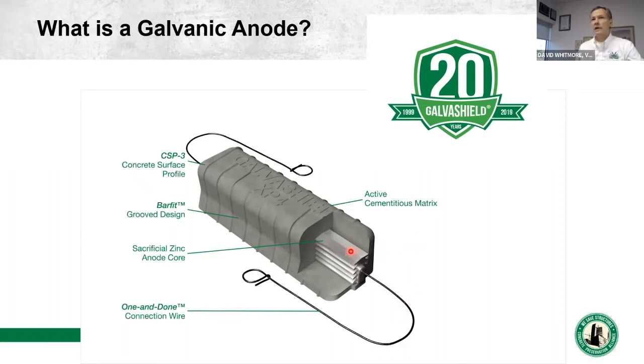And in all the cases that I'm familiar with, you're going to have some type of cementitious or some type of active matrix that surrounds the zinc core. The purpose of that is to keep the zinc core actively corroding over time. And those are the main components in a galvanic anode.